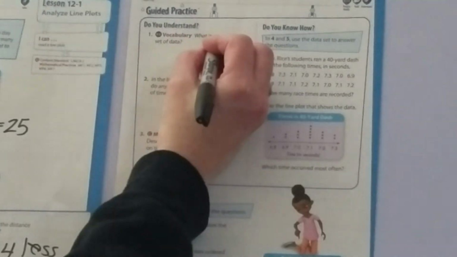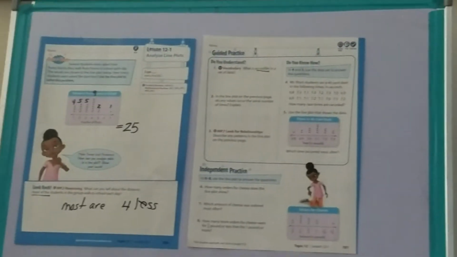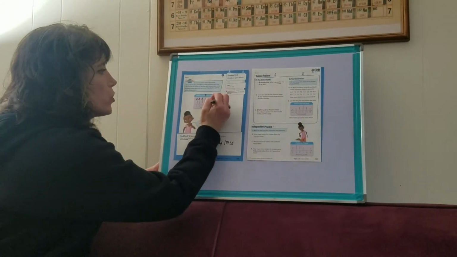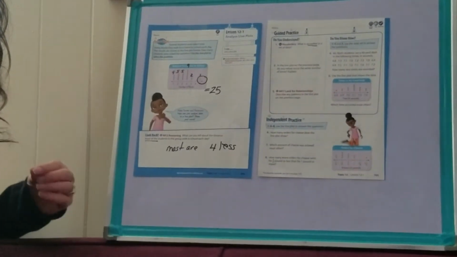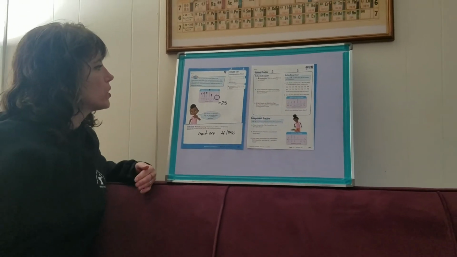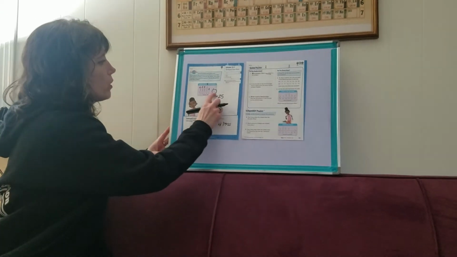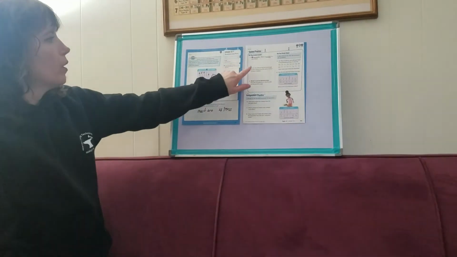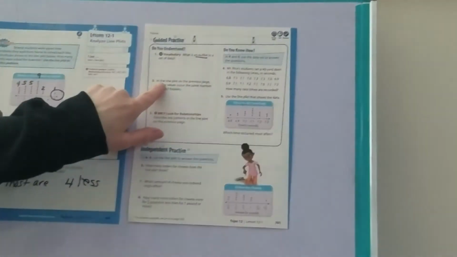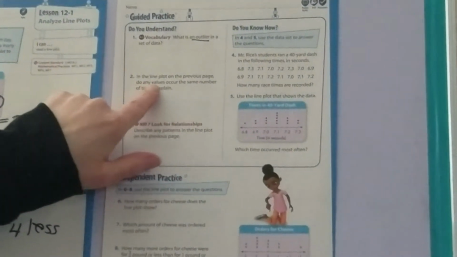So if we want to go over to page 701, I'm just going to go to number 1 here. What is an outlier in a set of data? An outlier in a set of data is one that is so far away from the group that it's like an exception. It doesn't really go along with the rest. An outlier is something different from what we see most of the time. Number 2. In the line plot on the previous page, do any values occur the same number of times?